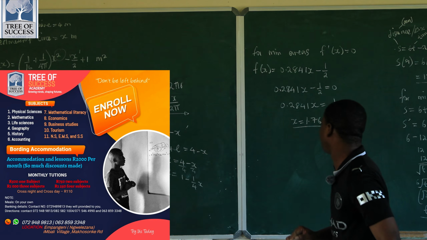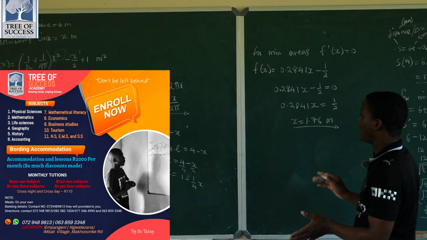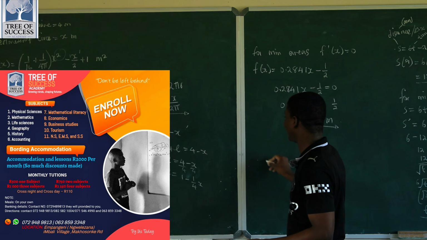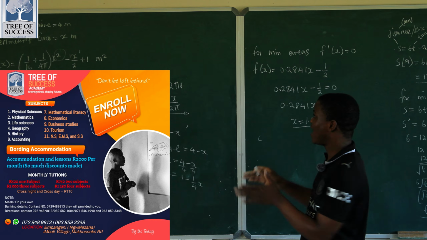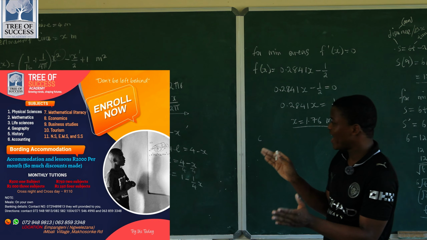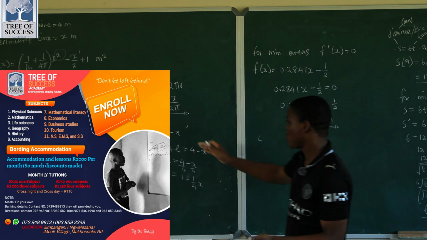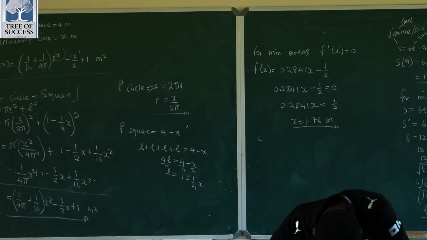Oh wow, wonderful. So it means again that the wire should be cut in such a way that the wire that makes the circle will be 1.76, and then the wire that makes the square, the square will be 4 minus 1.76. Yeah, that is correct.